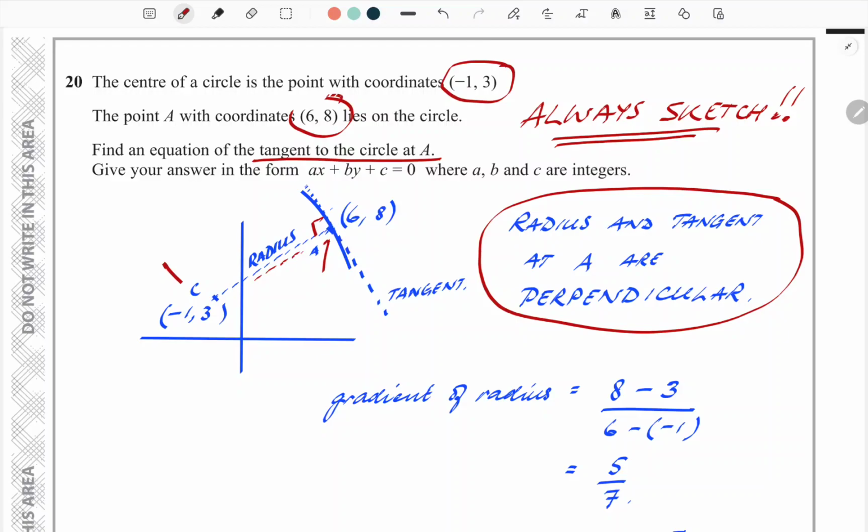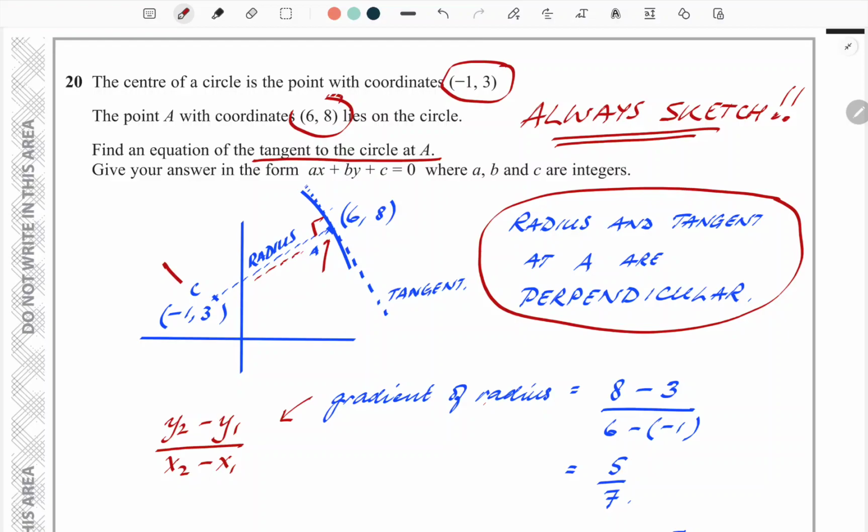Okay, so first of all, we want to work out the gradient of the radius. Remember, the gradient is y2 minus y1 over x2 minus x1 for 2 given points, all right? So some of you have learned it as rise over run, etc. Okay, so whatever makes you happy, whichever way you want to do it, as long as you don't get them the wrong way around.